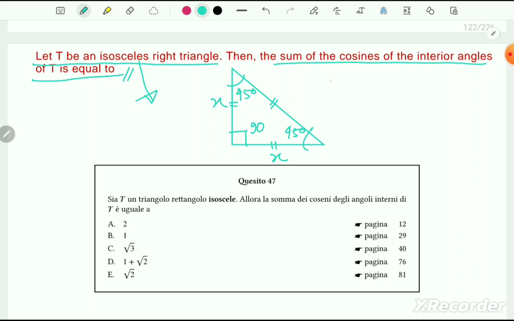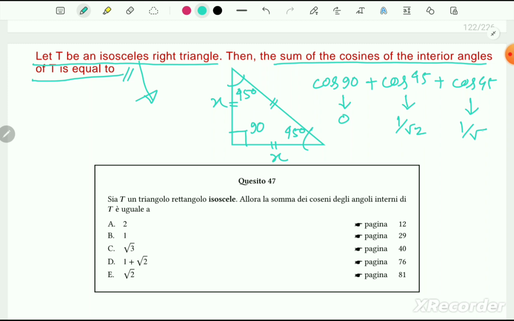Okay, so we have to find out the sum of the cosines. That means cos 90 degree plus cos 45 plus cos 45. So cos 90 degree value 0, cos 45 1 by root 2, 1 by root 2.